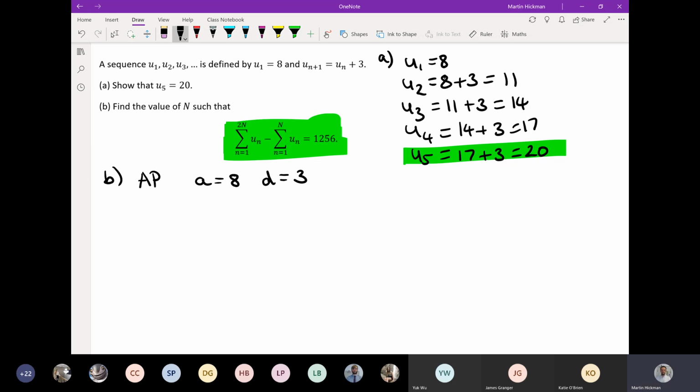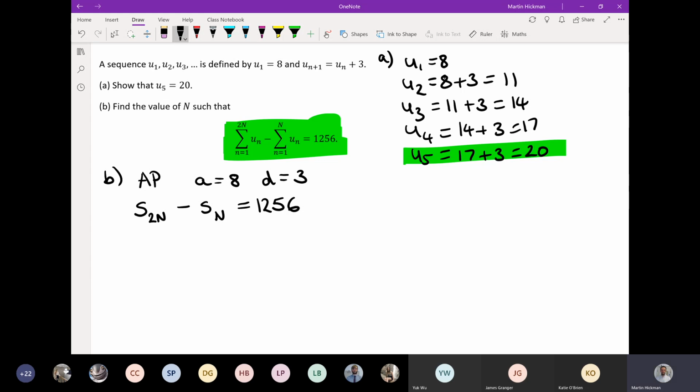Also, what I know is the sum of the first 2n terms minus the sum of the first n terms gives me 1,256. Remember this notation from Friday.